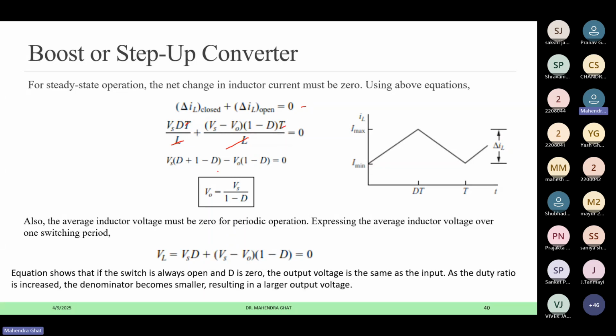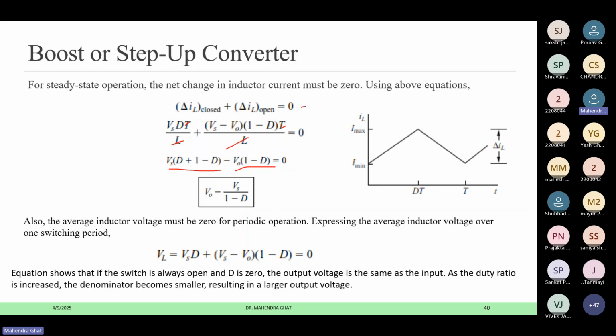And if I simplify this, we have Vs D plus the 1 minus D terms. If I take the Vs multiplication outside, this is Vs times D plus 1 minus D, minus Vo into 1 minus D. Simple simplification.